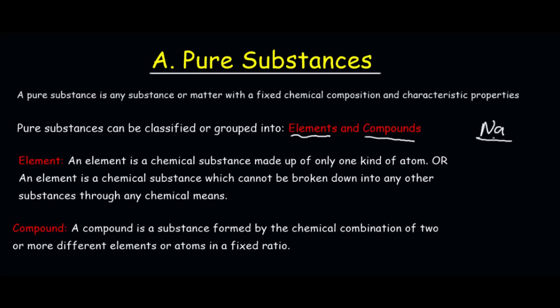Another way by which we can define an element is a chemical substance which cannot be broken down into any other substance through any chemical means. What it means is that this is made up of only one kind of atom, and that kind of atom here is what we call the sodium atom.